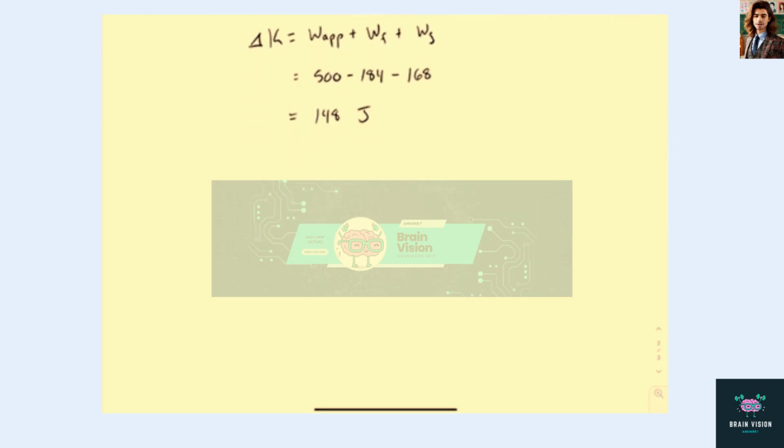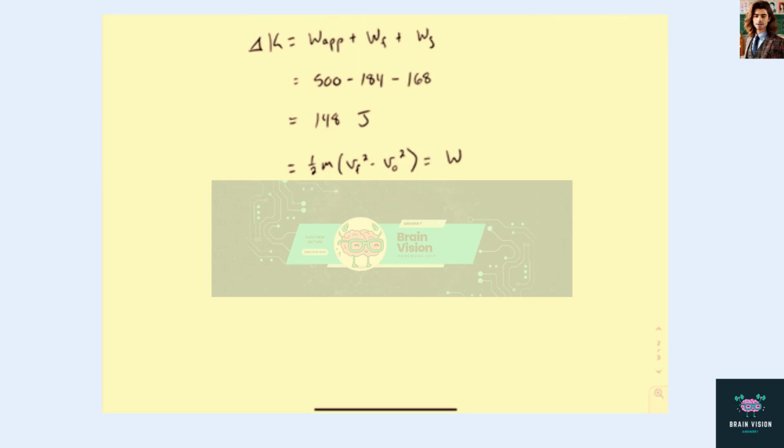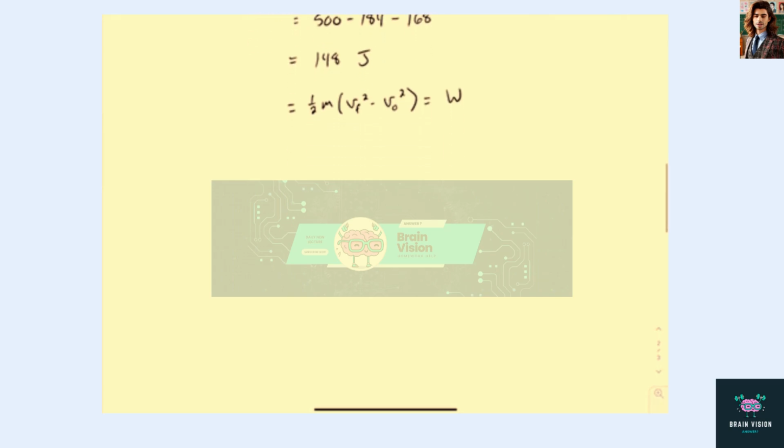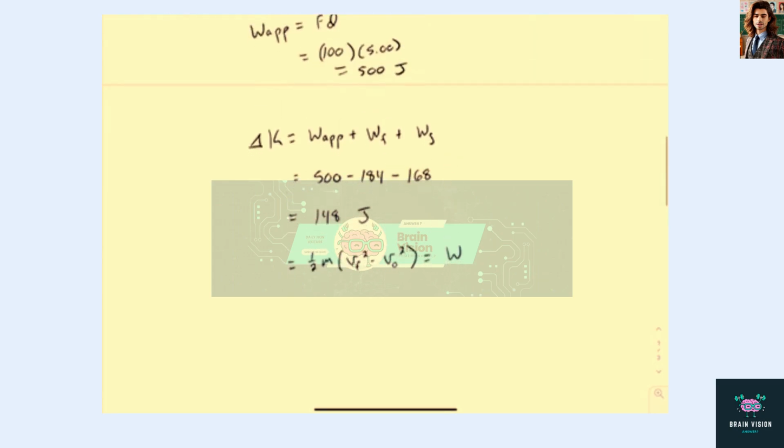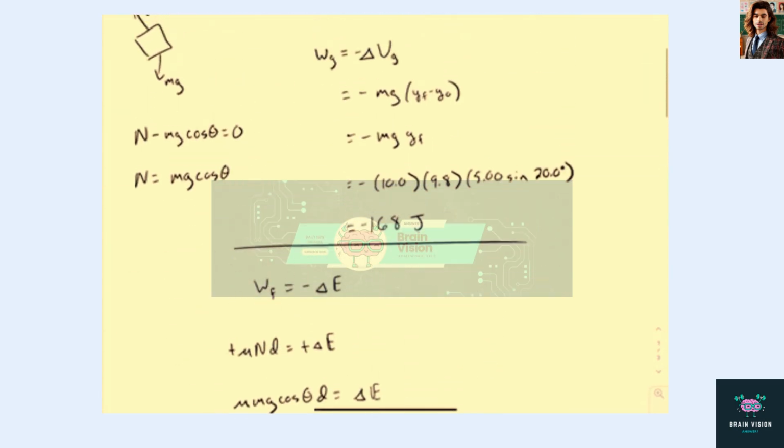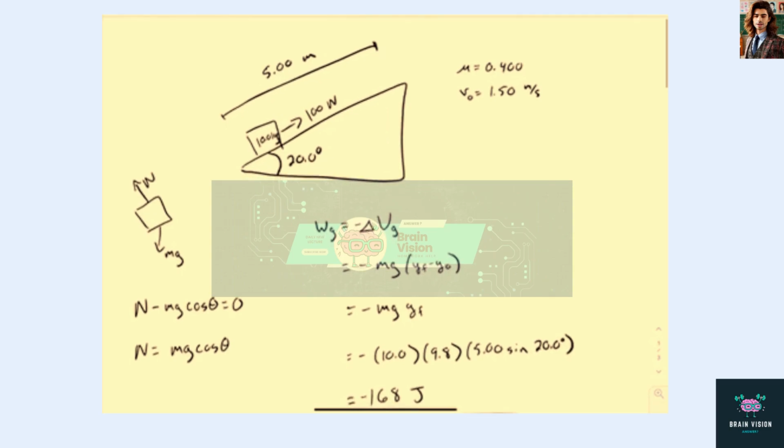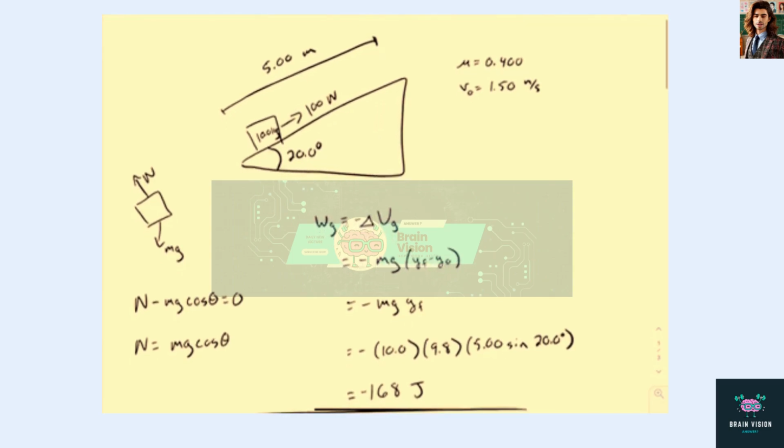So now that we know the change in kinetic energy, we can figure out the speed of the crate, because this is going to equal 1/2 m times v final squared minus v initial squared, which is the total work. The v initial we were given in the problem. I wrote it up here. It's 1.5 meters per second.